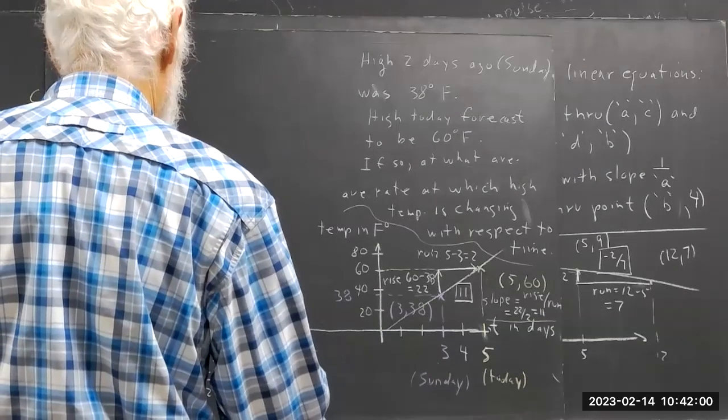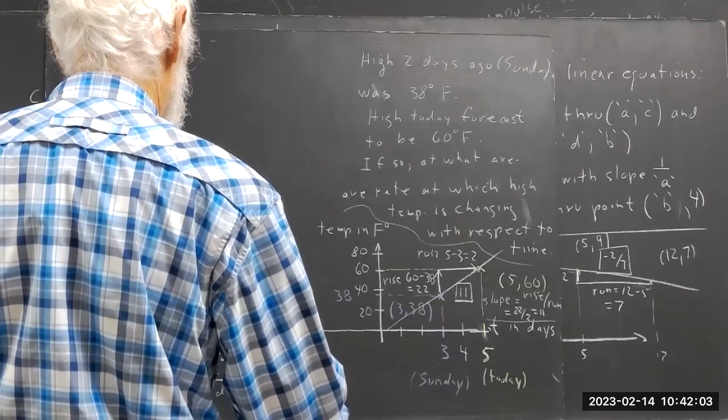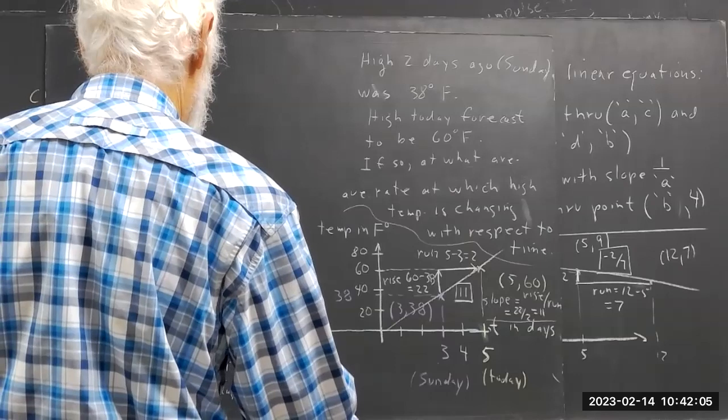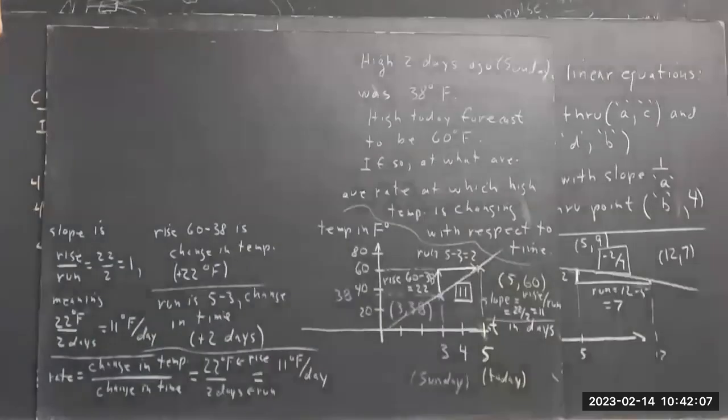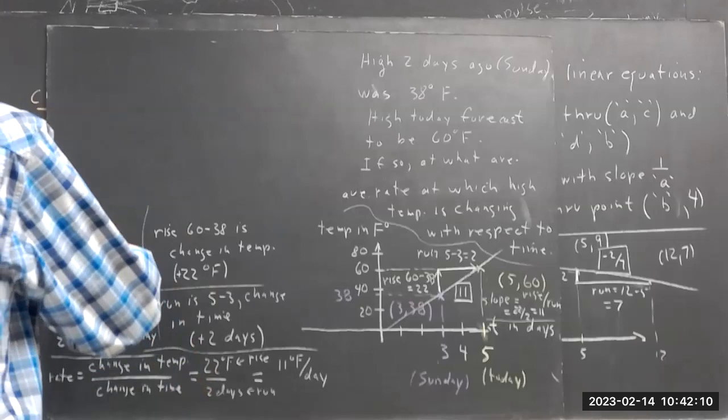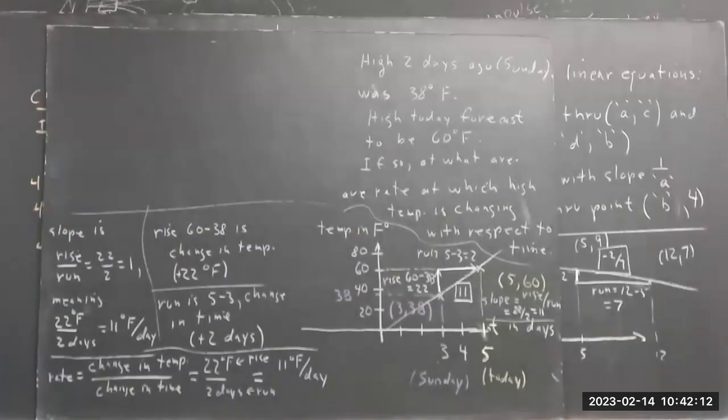Here's your run. That equals, again, 11 degrees Fahrenheit per day. And you connect everything with the definition of a rate of change. And everything comes full circle, and you've got a nice little package of understanding there. You have a better understanding of what the graph would tell you. You have a better understanding of rate of change.